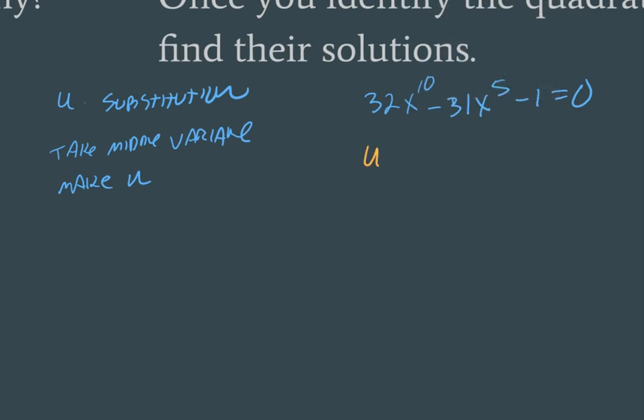What we're going to do is say u is equal to x to the 5th, and then we make that substitution into the equation.